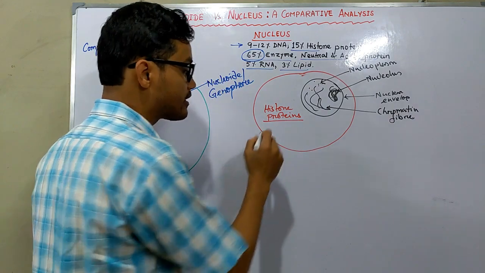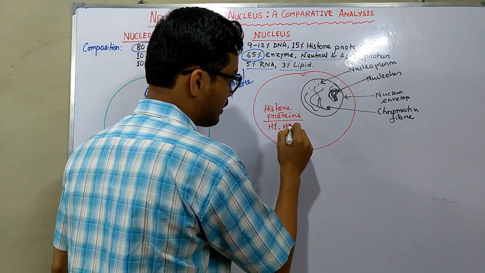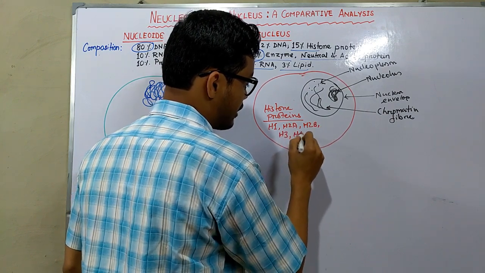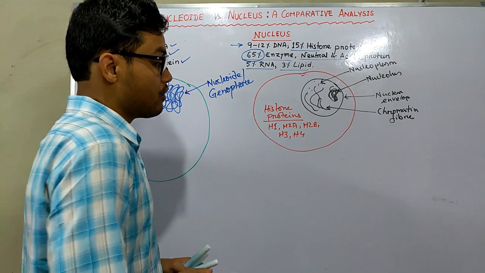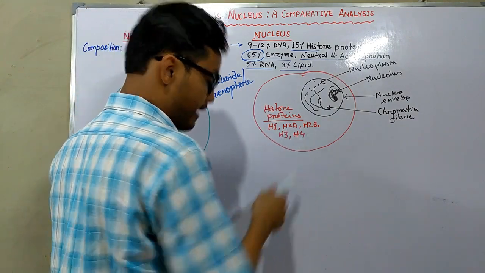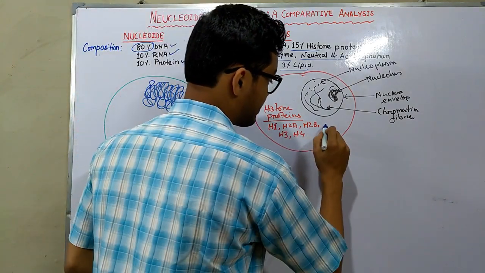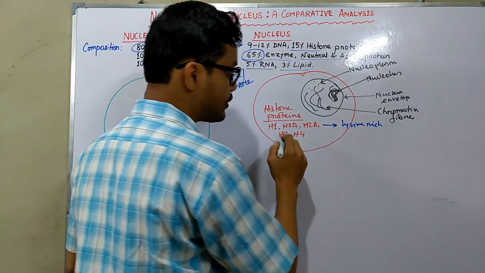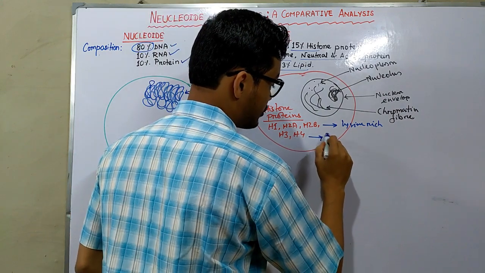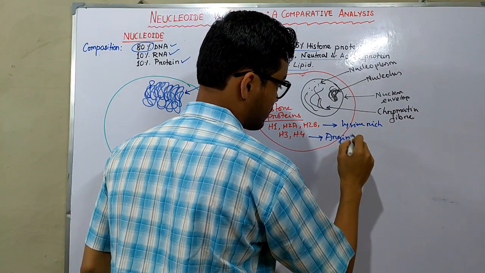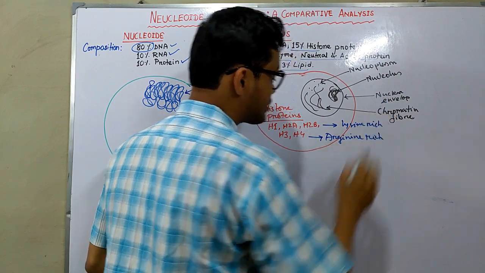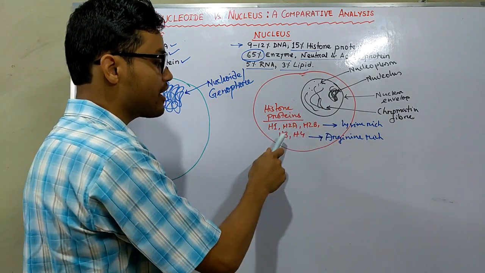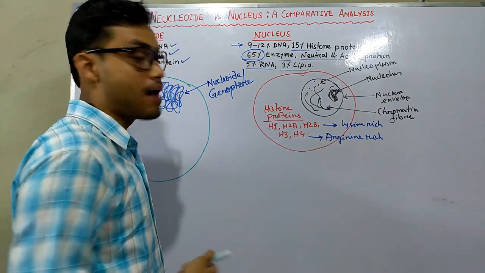In case of eukaryotic cell, H1, H2A, H2B, H3 and H4 histone proteins are present, where H2A and H2B are lysine rich and H3 and H4 are arginine rich. That means in H2A and H2B, lysine amino acid is abundant, and in H3 and H4, arginine amino acid is abundant.